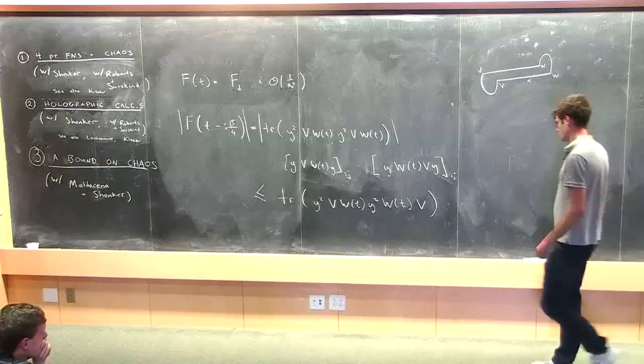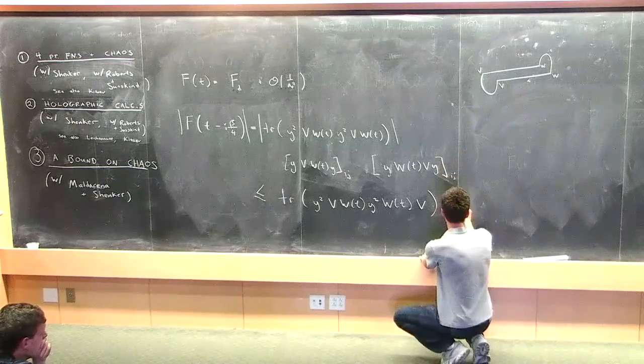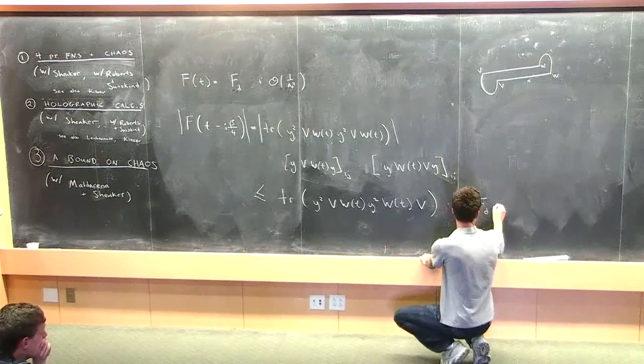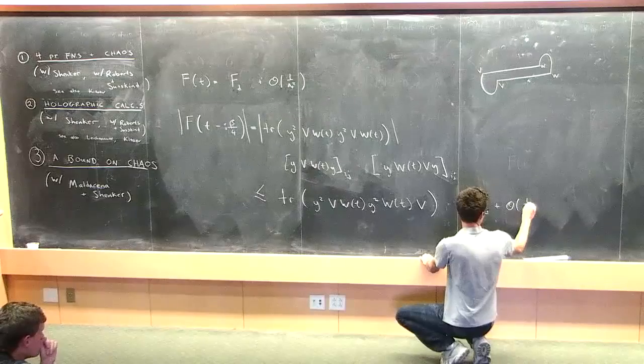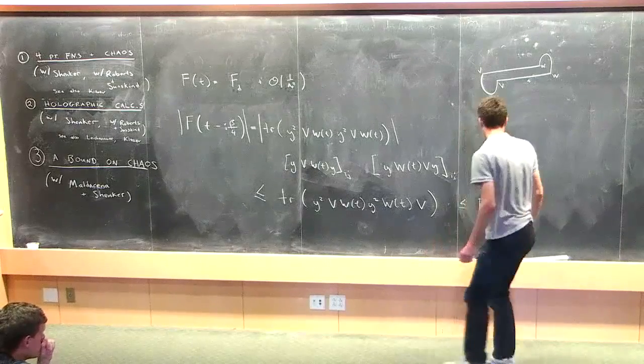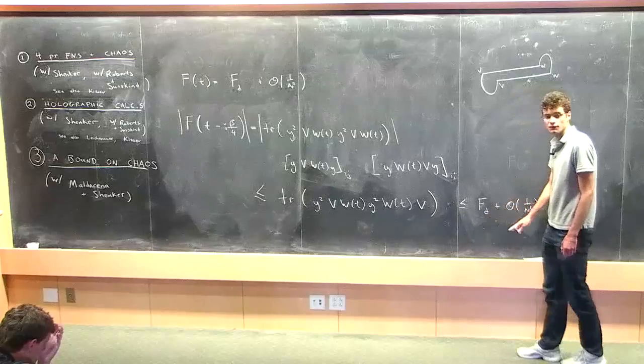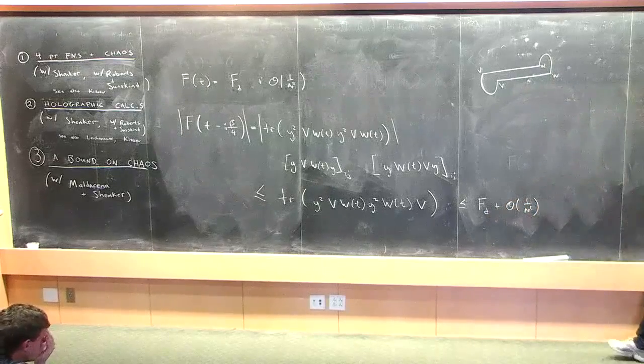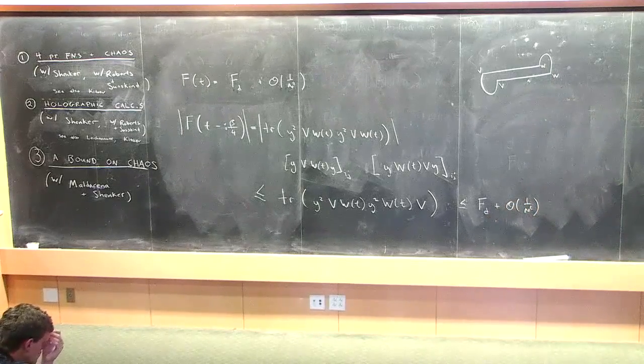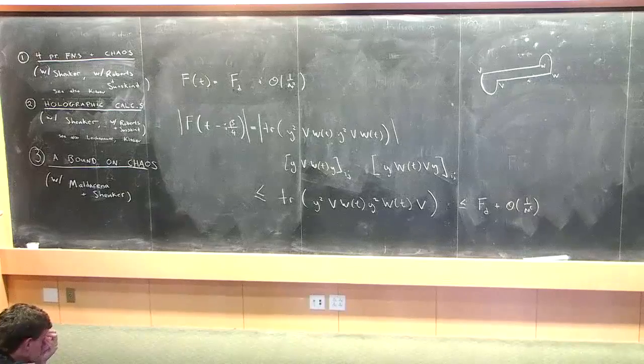So we conclude that this is less than or equal to f_d plus order 1 over N squared uniformly in time. That we can bound this thing by the disconnected answer plus a uniformly small correction. Okay, so that finishes the argument.